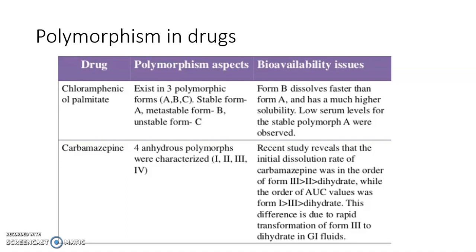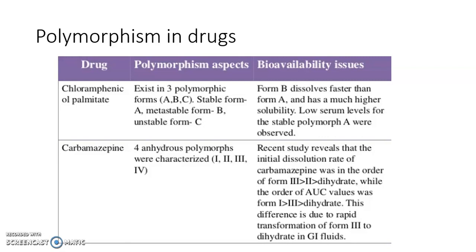4 anhydrous polymorphs you will get, which are named like Roman numerals 1, 2, 3 and 4. And the study reveals that the initial dissolution rate of carbamazepine was in the order of form 3 having the highest dissolution rate, then form 2, and then the dihydrate form of the drug.